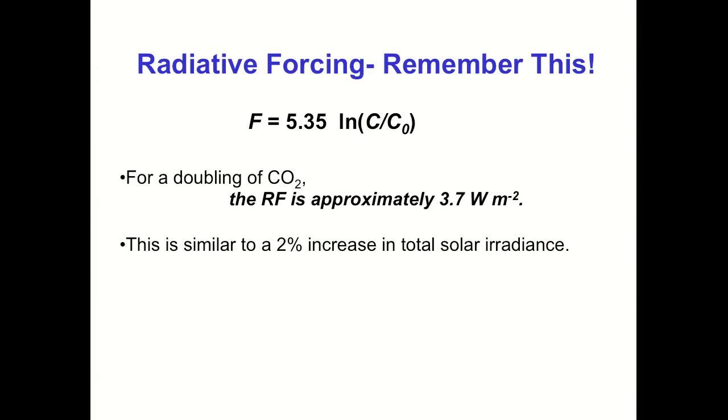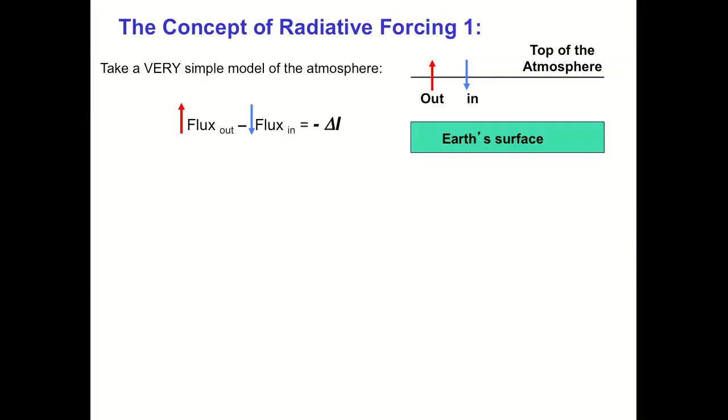So if we were to, for example, double CO2 from whatever to whatever, then it's easy to see that the radiative forcing is going to be of the order of 3.7 watts per meter squared. And if you look at that very small number, to put it into context, it's very similar to about a 2% increase in total solar irradiance. So we're looking at a small number here, but it has significant consequences.